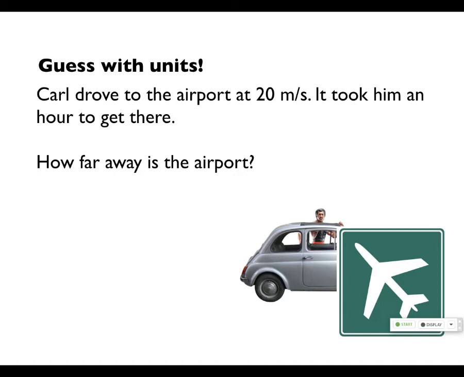What are we looking for that tells us we need a distance? How far away is the airport? This doesn't say give your answer in meters, but it does imply give a distance, find a distance. So this tells us we want our answer in meters or kilometers.